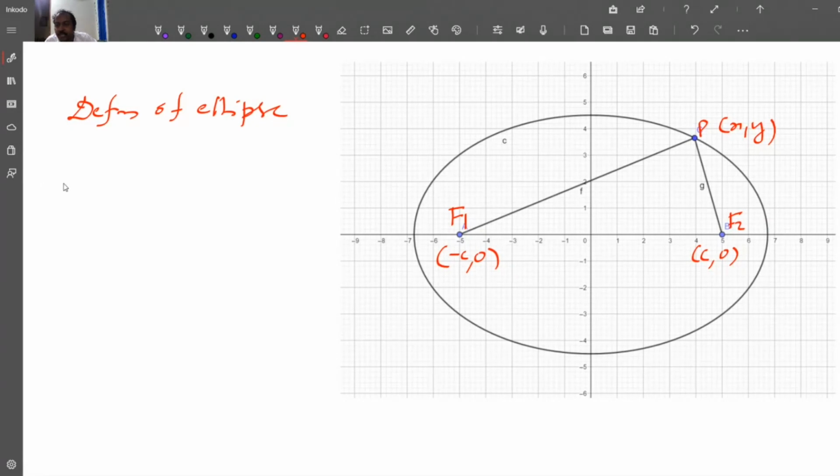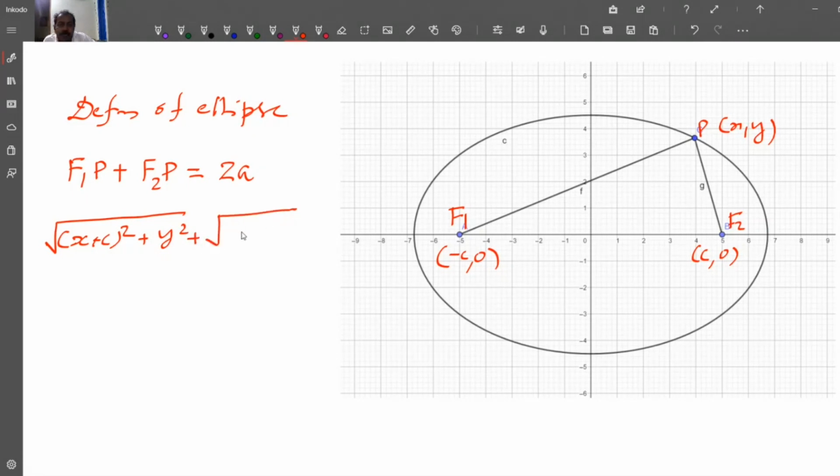By the definition of an ellipse, F1P plus F2P is equal to a constant. Let that constant be 2a. Then by the distance formula, F1P is the square root of (x plus c) the whole squared plus y squared, plus F2P, the square root of (x minus c) the whole squared plus y squared, equal to 2a.